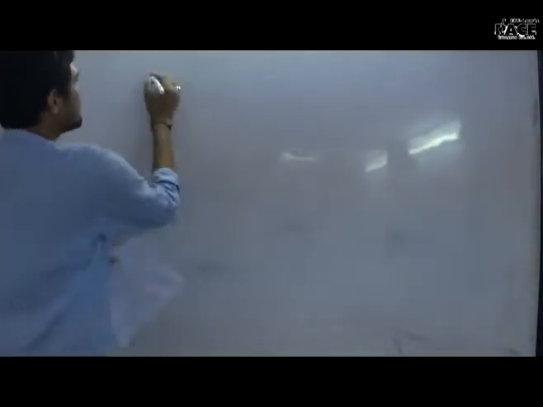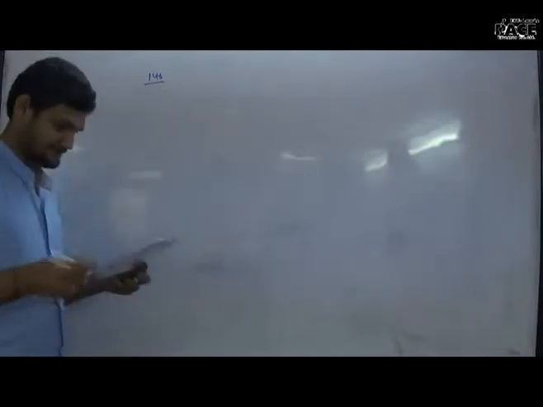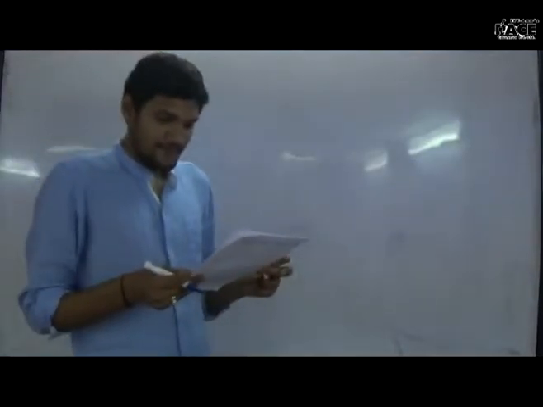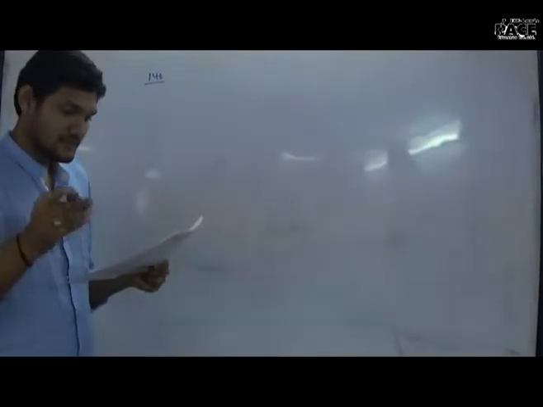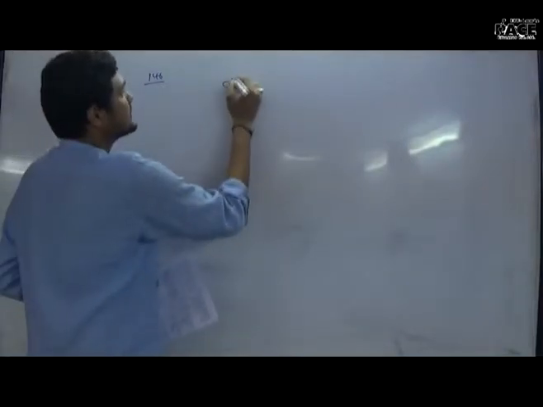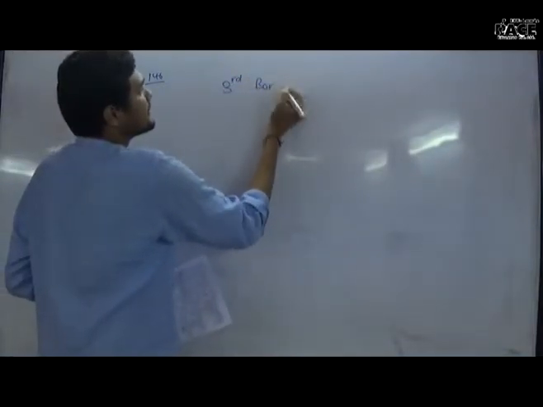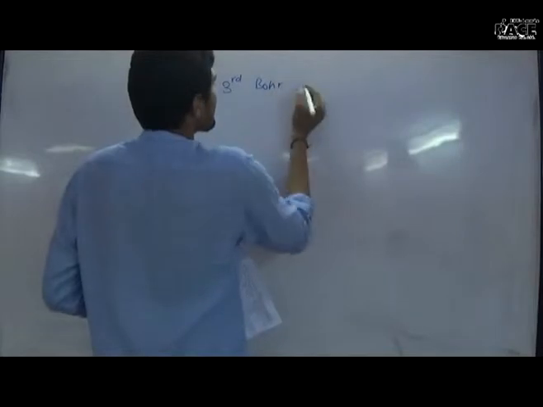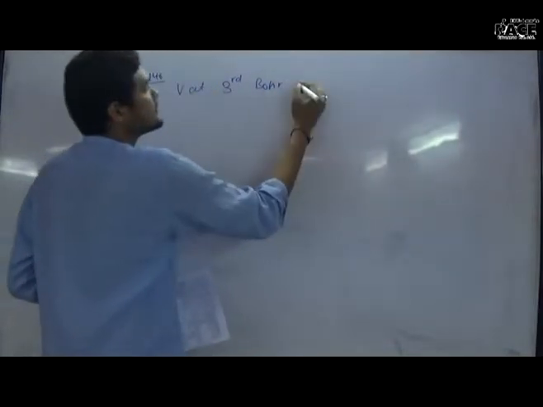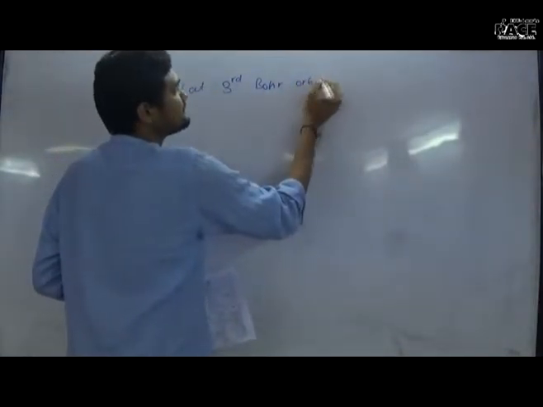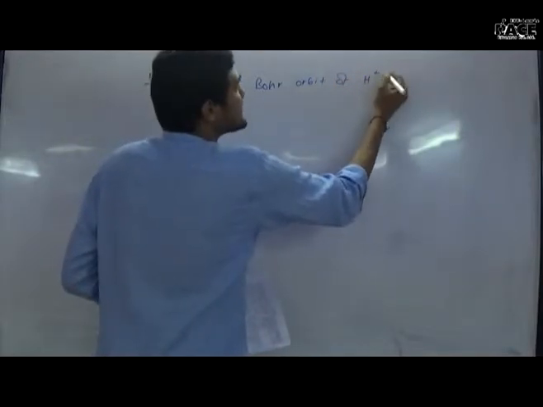Okay, for question number 146, we have to find the velocity at the third Bohr orbit of helium plus atom.